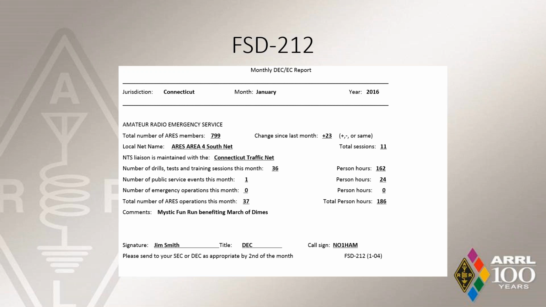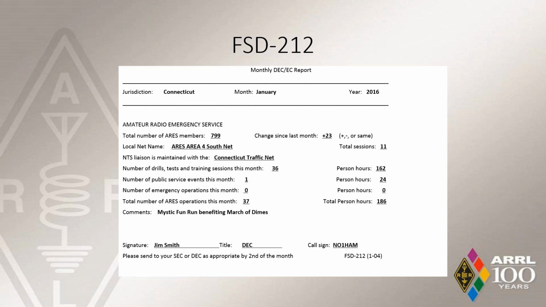Here's an area, ARES area 4 south, that meets in my area. And it meets a couple times a week. It's a liaison for the Connecticut Traffic Net. Good information to know there.